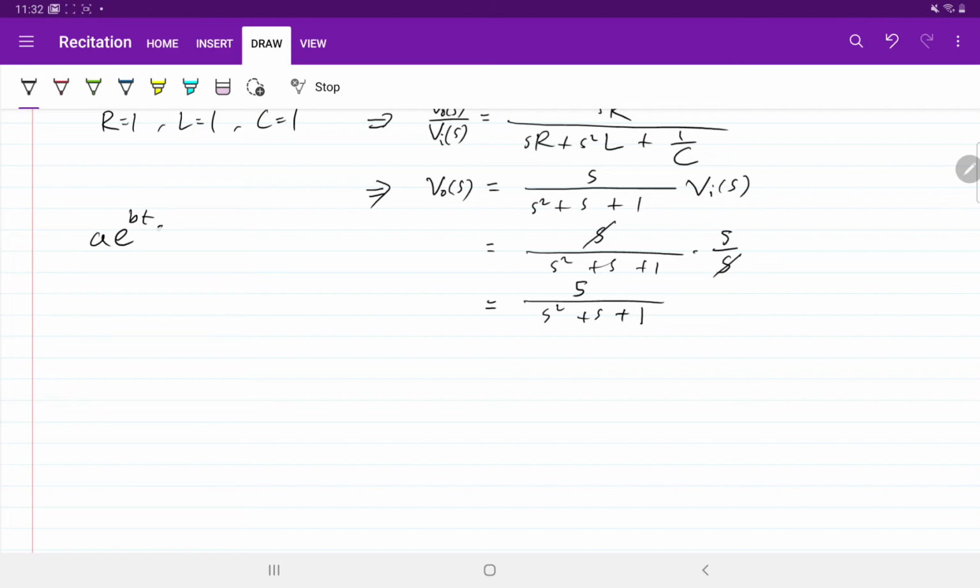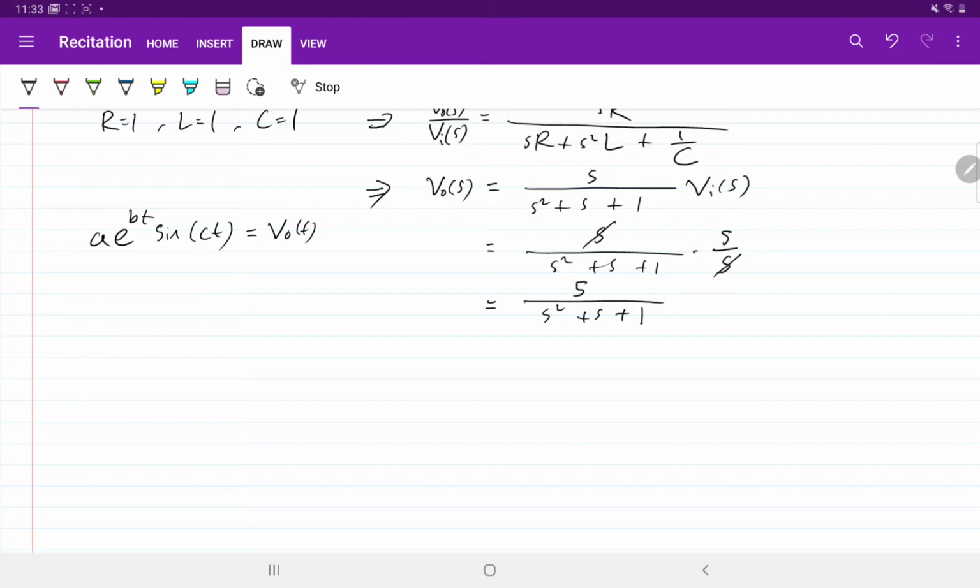So this one may be sine of c times t. If you look at the table, this will likely be the form of the solution e0 of t. You just need to find these a, b, c.